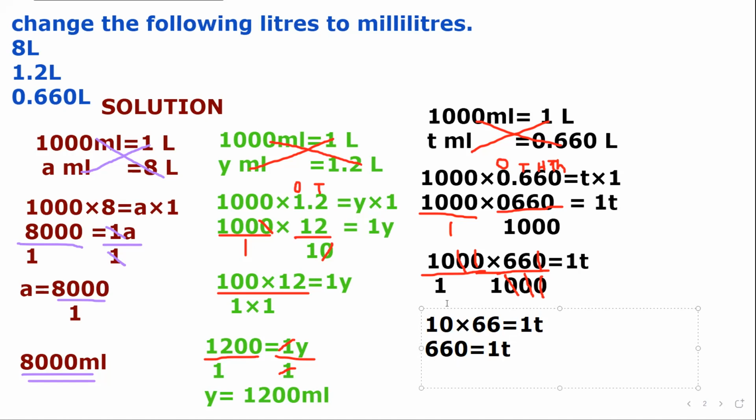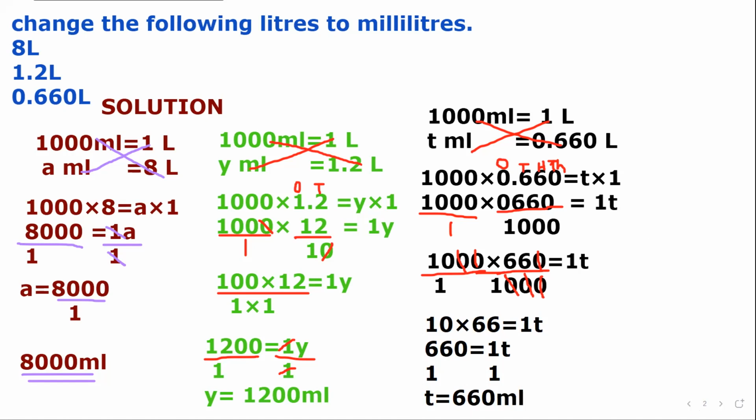Then divide this side by the number attached to the letter. Okay, here 1 by 1. Now t is equal to 660 mils. Okay, good.